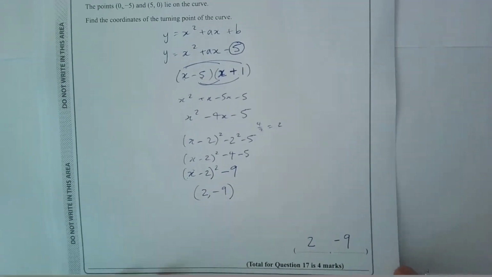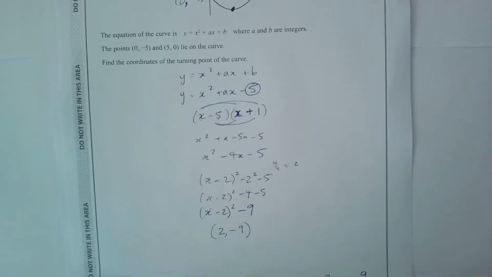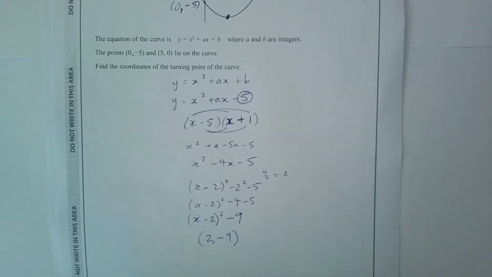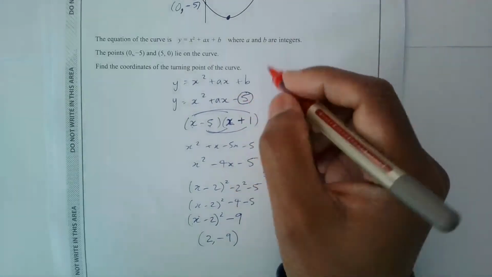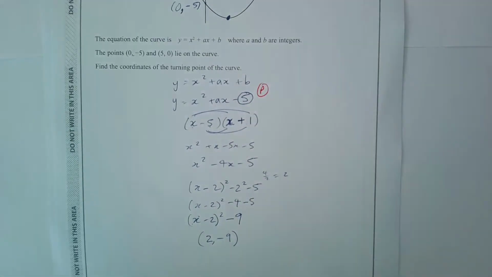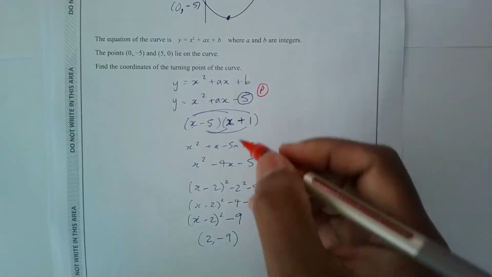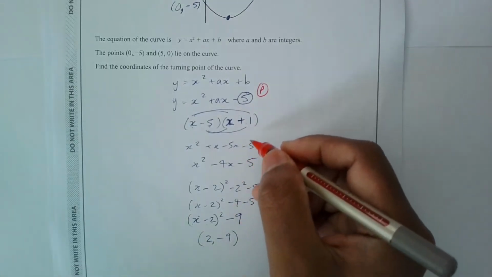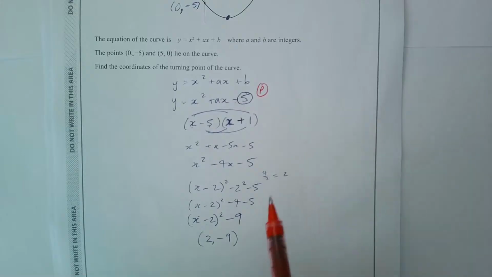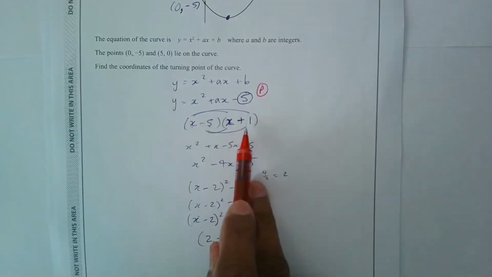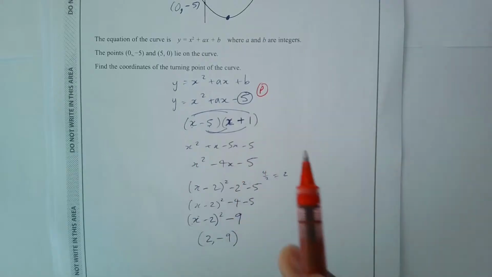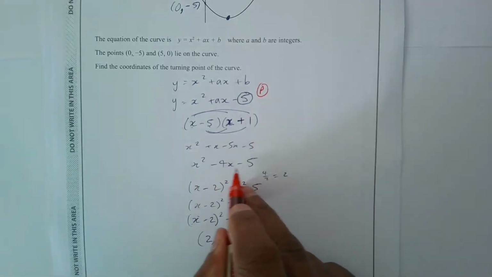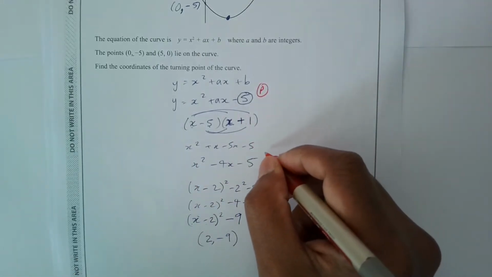So where are the 4 marks? Let's just go through this. The first mark is for identifying minus 5 here. B is minus 5. So this is a process mark. The second mark is for working out that when we factorize, we have x minus 5 and x plus 1, or getting to x squared minus 4x take away 5.